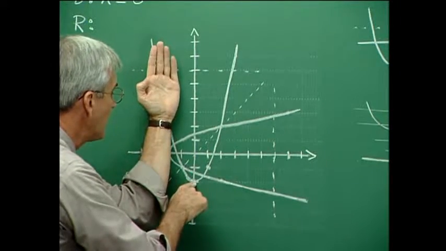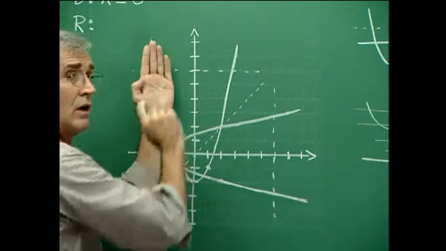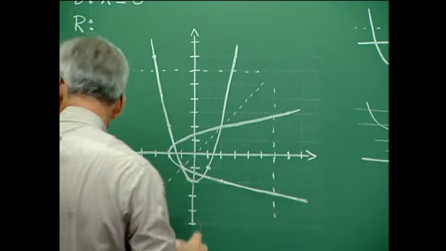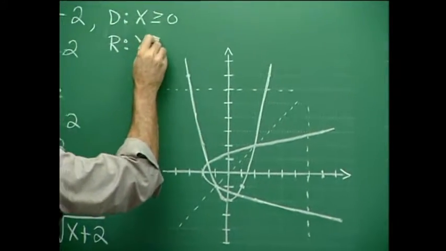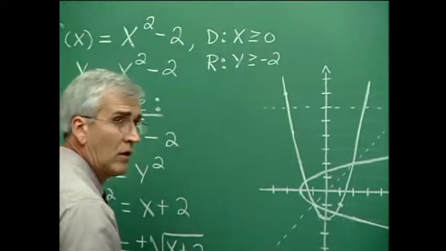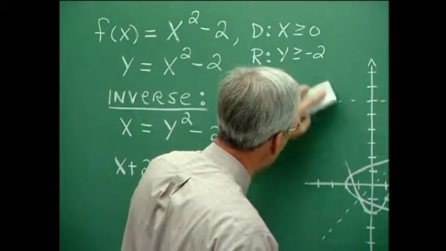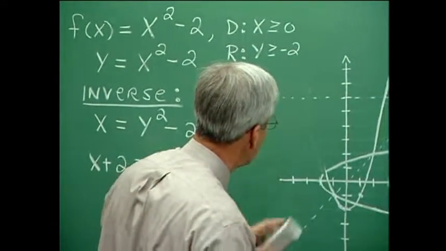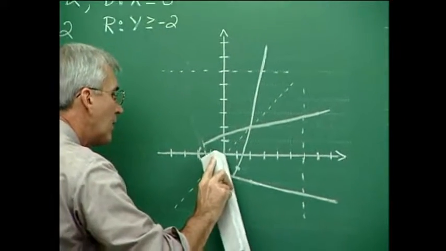Well, it's y values from here all the way up. So it's y values from -2 to infinity. So greater than or equal to -2. So I'm going to write y is greater than or equal to -2. Now, graphically, here's what I've got. I've limited the domain, so this part of the graph is no longer valid. It's out of here.